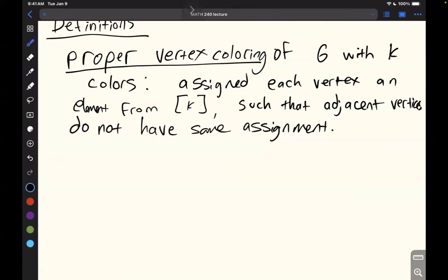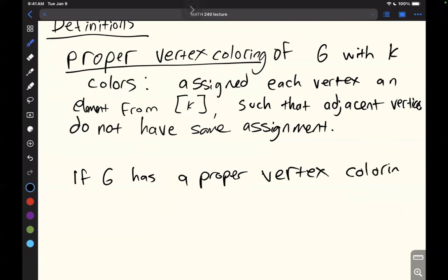And once there is a vertex coloring, if G has a proper vertex coloring with K colors, we say G is K colorable.